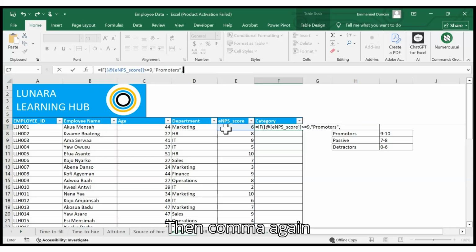Then, comma, again your IF function, then you select your net promoter score. If it is greater than or equal to 7, these people are categorized as passive promoters.